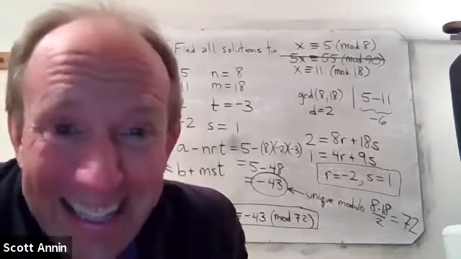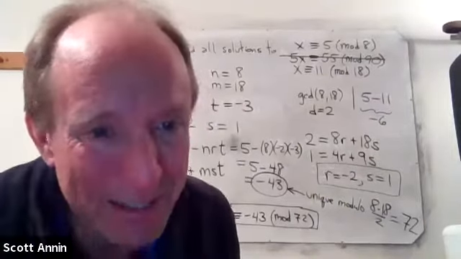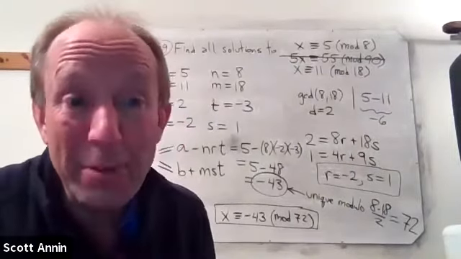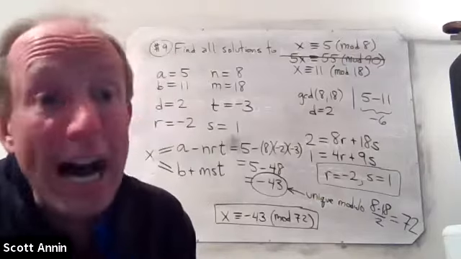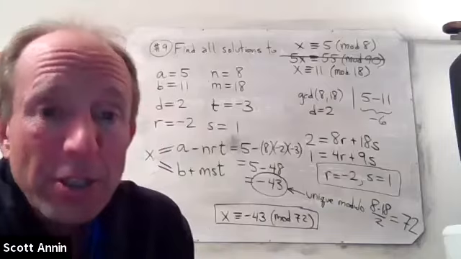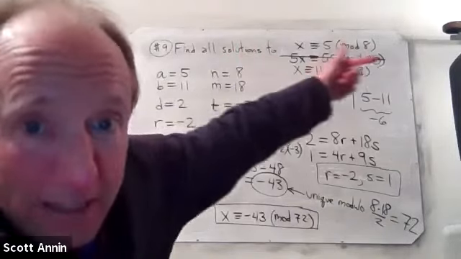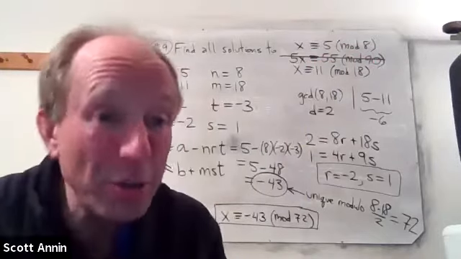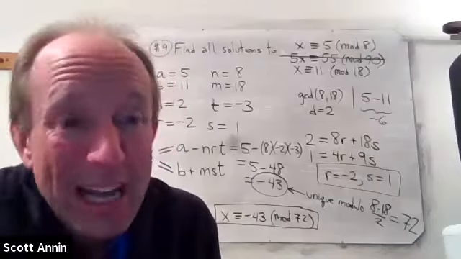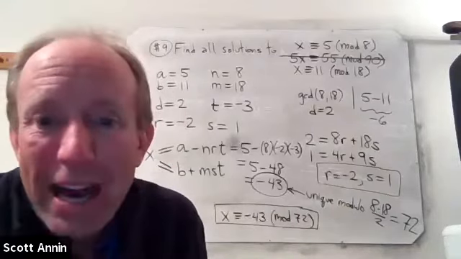You don't want to do that, not on this exam when you've got an hour and 15 minutes. That's way too much time and effort. So it's much better to do exactly what Brian suggested. We divided through by 5 in the first place on that second congruence, just to cut down the numbers and also cut down the number of cases of how many solutions you're going to have.